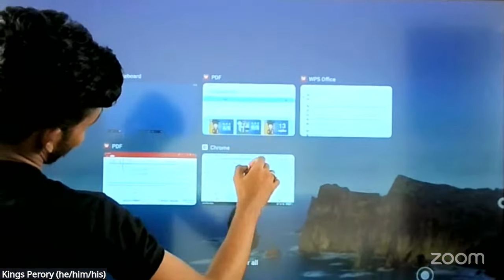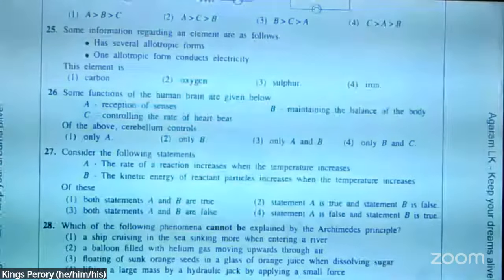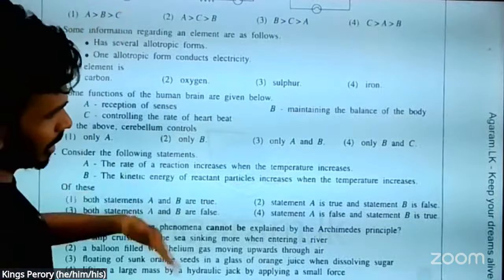Yes, Hari. Today I went through the paper. Today is the day where we have some deep sections to discuss.